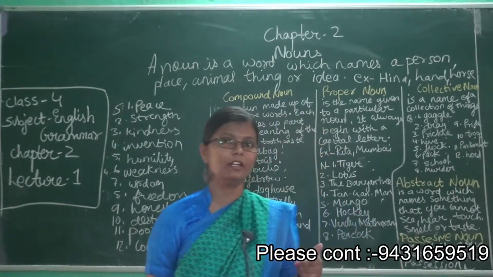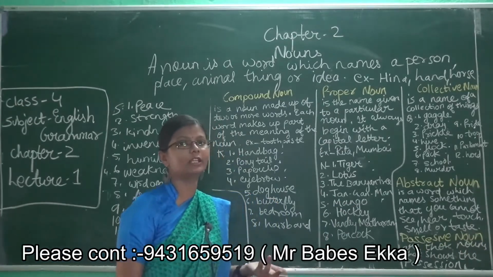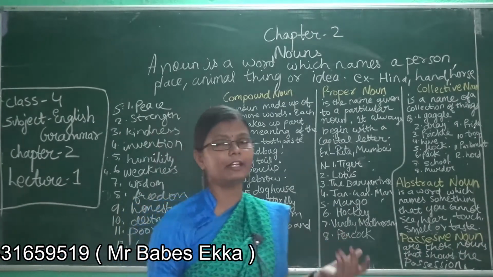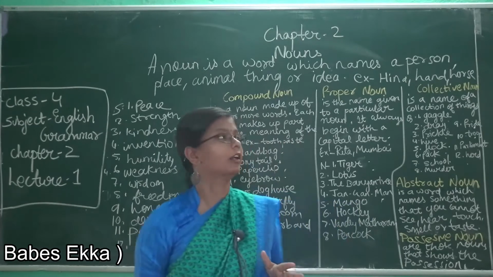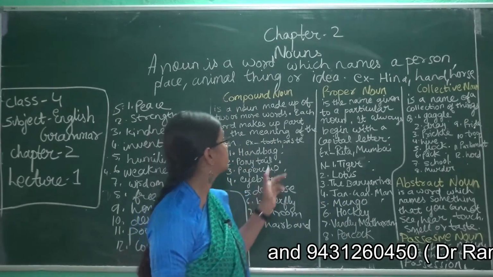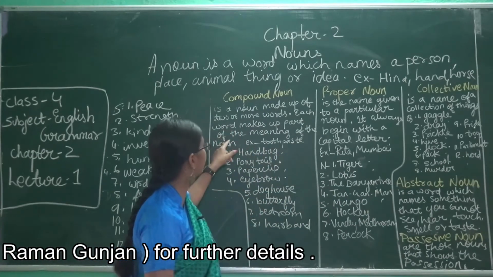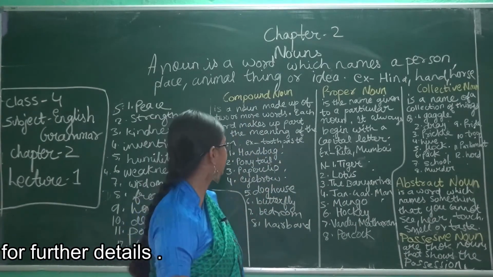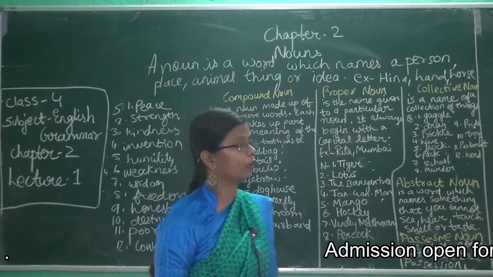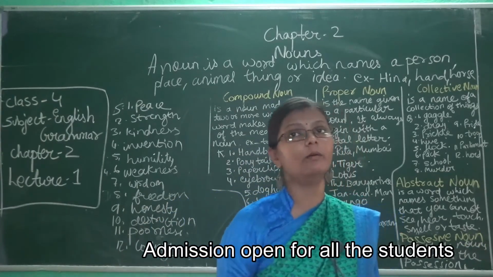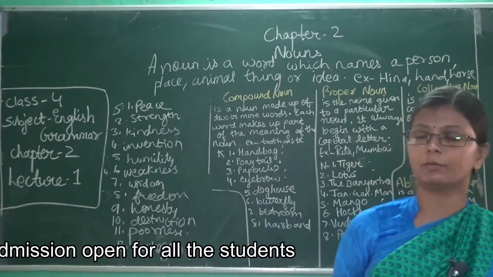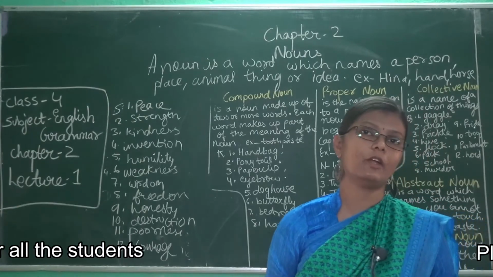Don't use pen, or if you are using it, write in cursive handwriting. Just learn these examples and the words given in your book, and the definitions given in your book. So once more, just go through the chapter and learn it.